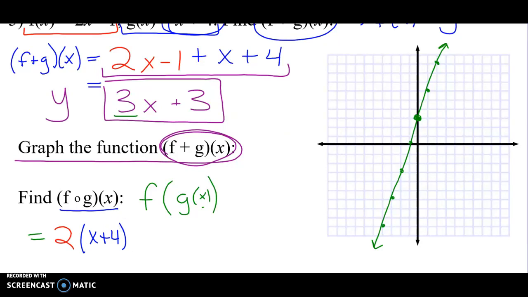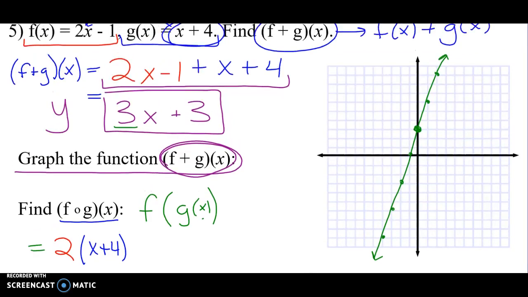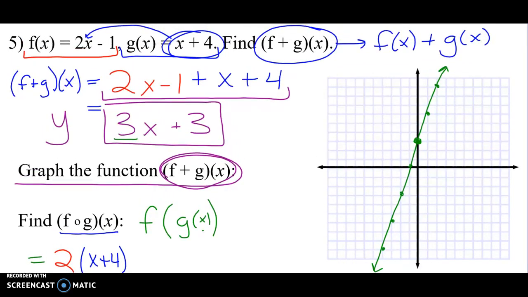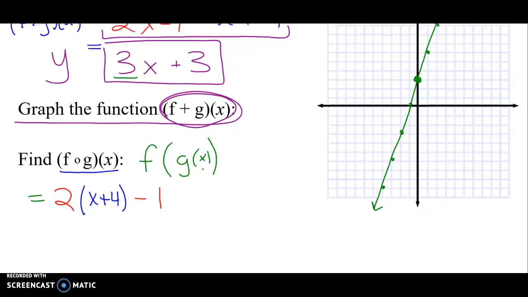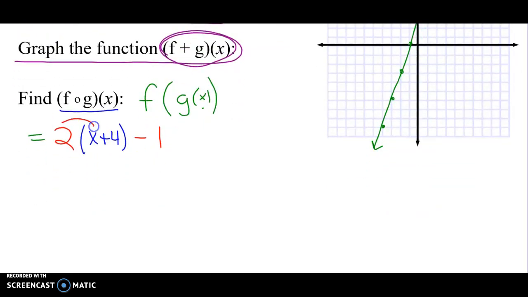But then you have to write the rest of the original function. So it's 2 times x plus 4, but then there's also a minus 1 out back. That was a part of the original f function. So instead of 2x minus 1, it's 2 times the g function minus 1. So now we'll distribute through.